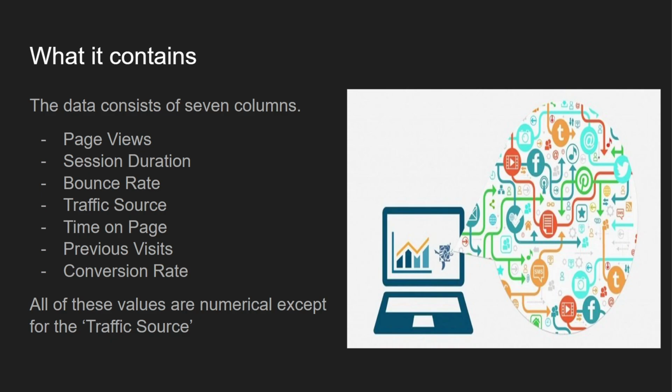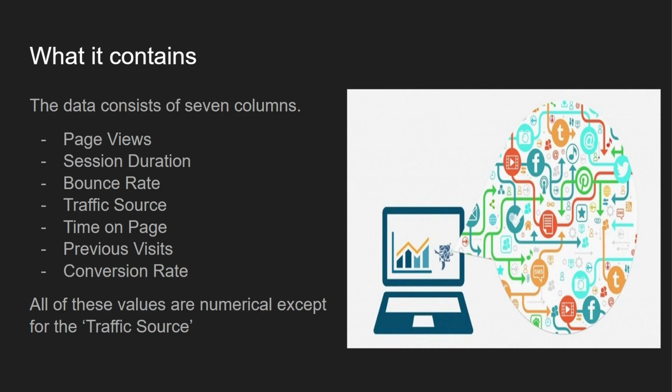What it contains: the data set has 7 columns. There's page views, session duration, bounce rate, traffic source, time on page, previous visits, and conversion rate. All the values are numerical except for the traffic source. Traffic source had 5 unique values within it, like organic, referred, a few different terms in there.